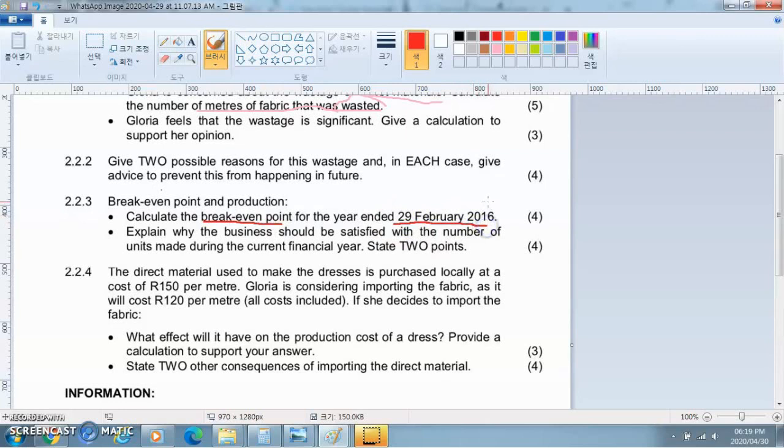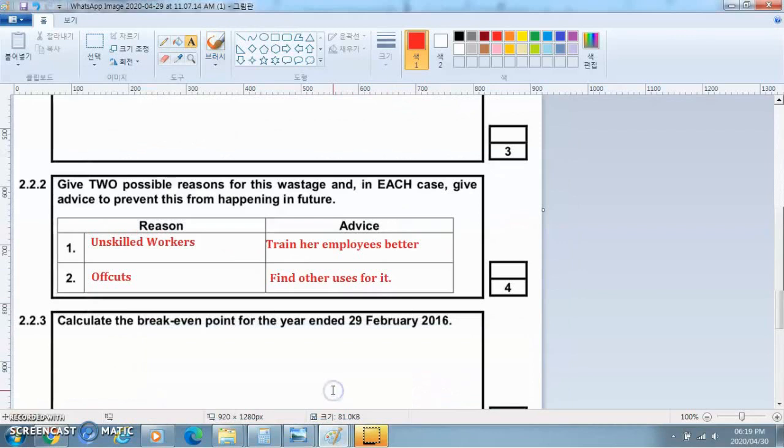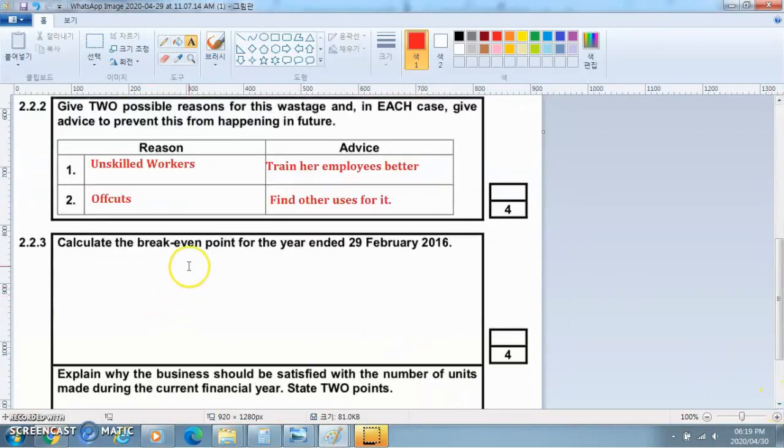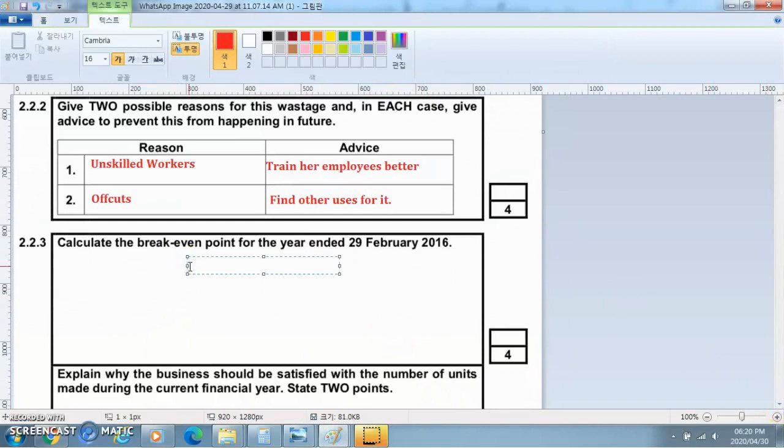Okay, so this is actually one thing. Do you know the formula for calculating break-even point? Okay, let's see if we can work it out. If you still remember the formula for break-even point, you just say fixed cost, divided by what?